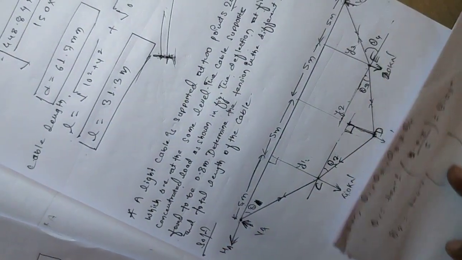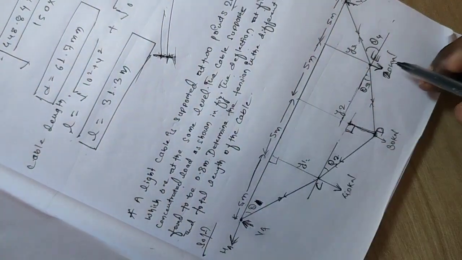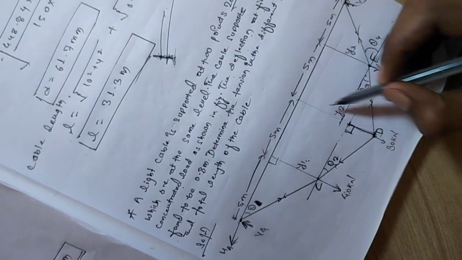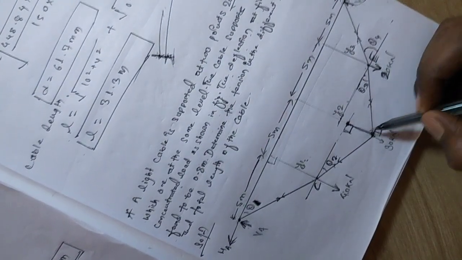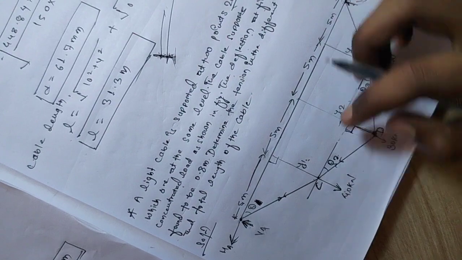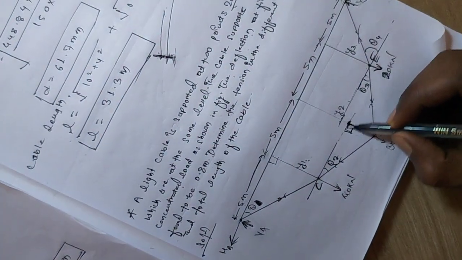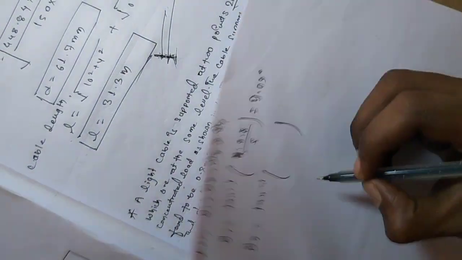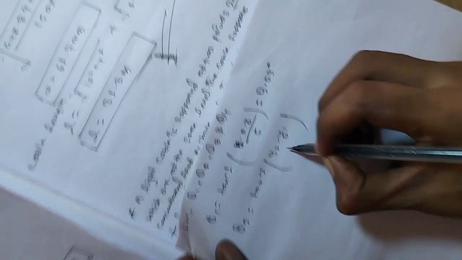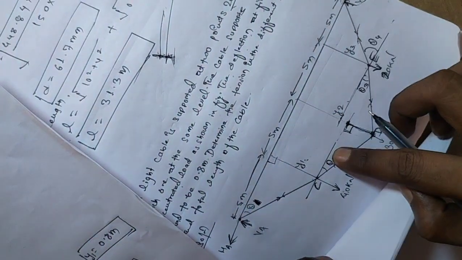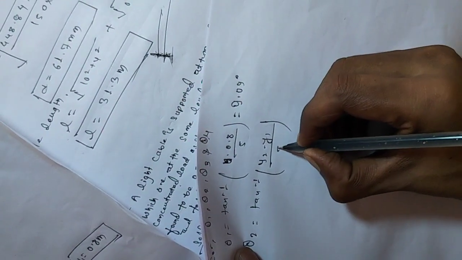Similarly, theta 2 will be equal to tan inverse of, we can see here on the figure, for this distance we have to subtract y2 minus y1, which will be the remaining distance. So y2 minus y1 by the horizontal distance, again this 5, that will be the same.